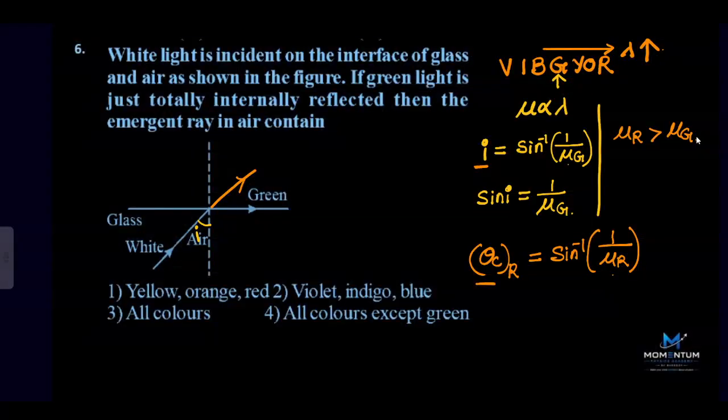So if we take 1 by it, then 1 by mu r is less than 1 by mu g. Now I have taken the sine inverse on both sides. Understood what I am doing here?